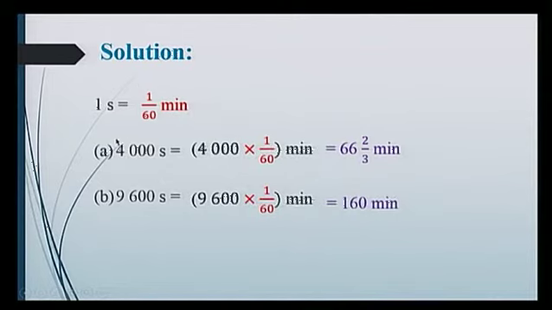So for 4,000 seconds, I'm going to have 4,000 times 1 over 60 minutes, and this is equal to 66 2/3 minutes. Similarly, for 9,600 seconds, I'm going to have 9,600 times 1 over 60 minutes, and this gives me 160 minutes.